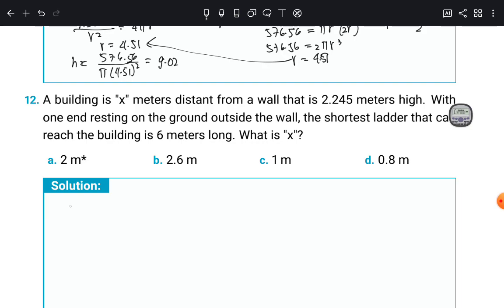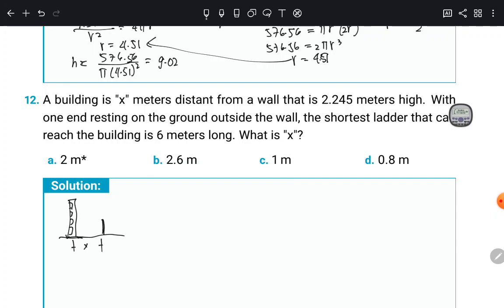So if we draw this, we have a building here. This is a building. Then we have a wall that is x meters away from here. So if this is our wall and it's x meters away, let's call that x.